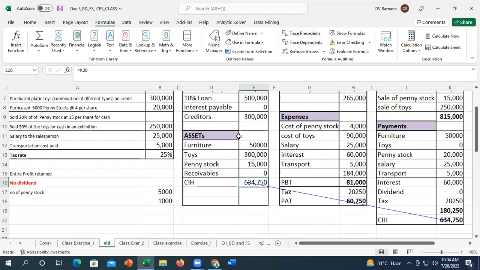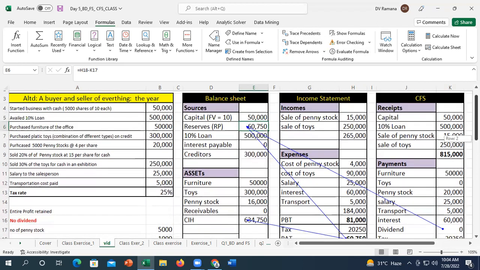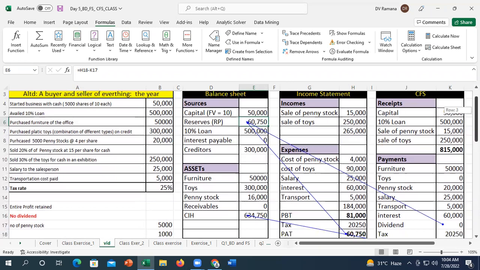Let me reiterate two important items on the balance sheet: the retained profit and cash in hand are dependent on the income statement and cash flow statement. This also tells us that the financial statements, balance sheet, income statement, and cash flow statement, are interrelated and interconnected.